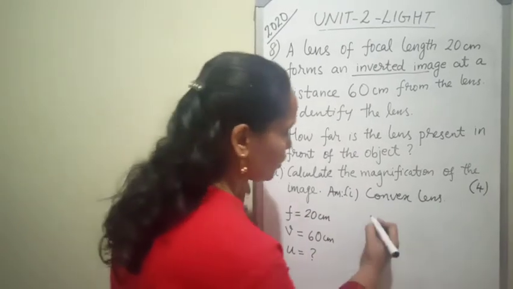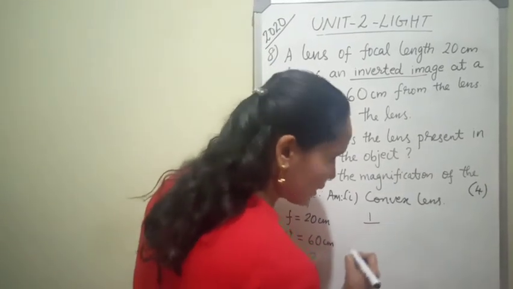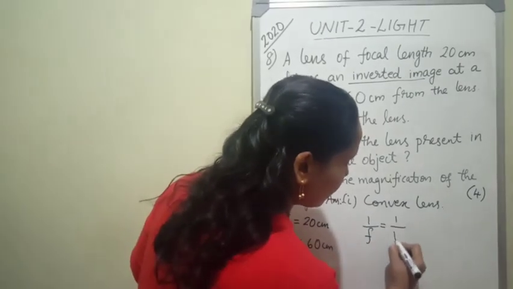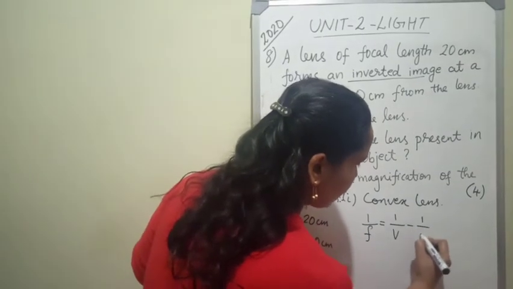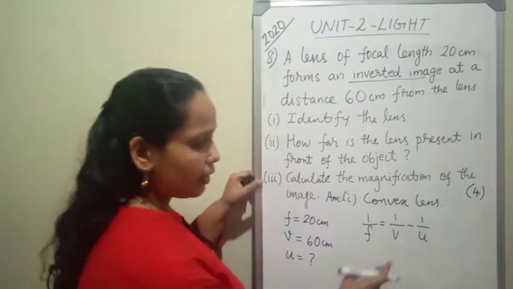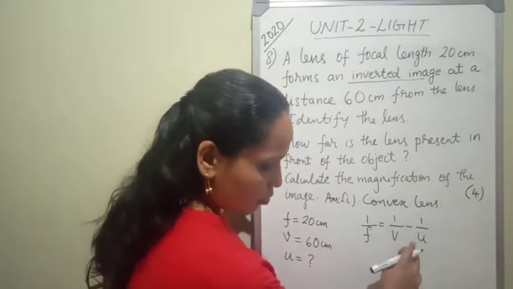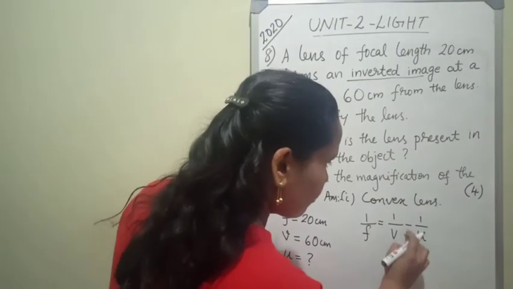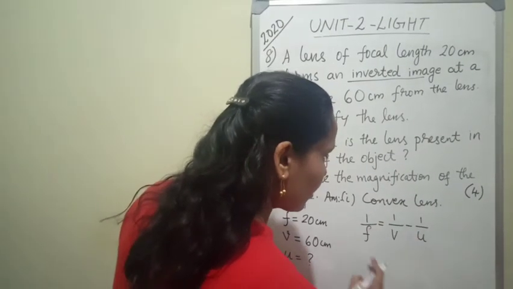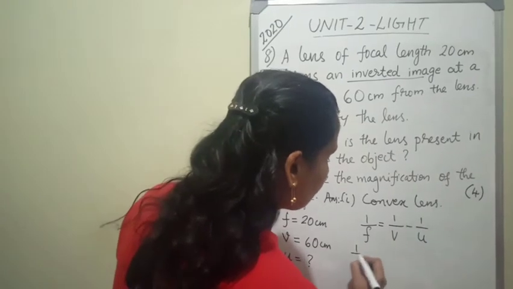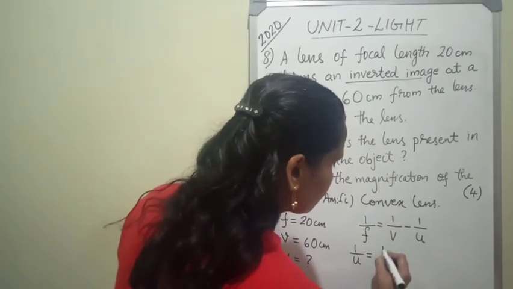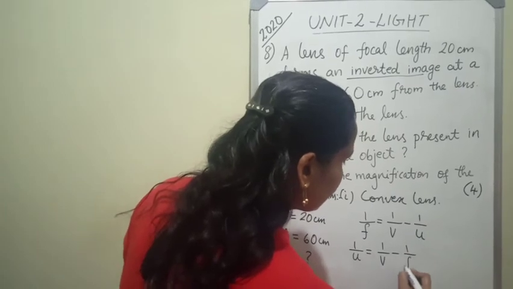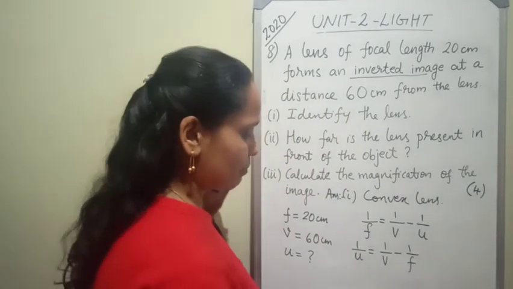Now we start using the lens formula. What is the lens formula? 1 by F is equal to 1 by V minus 1 by U. Here what we have to find is U only, isn't it? So we rearrange and write it as minus 1 by U we can bring here, and 1 by F we can take there. So 1 by U is equal to 1 by V minus 1 by F. Now we can substitute.